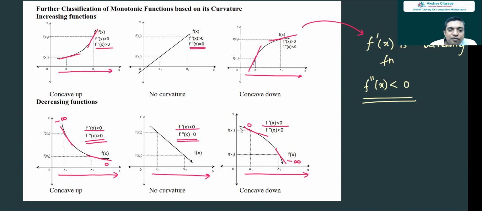So when you move from left to right, the values are changing from, say, minus 2, minus 3, minus 5, minus 10, minus 100, and so on. So the values are decreasing. So f dash x is a decreasing function. So f double dash x will be negative.